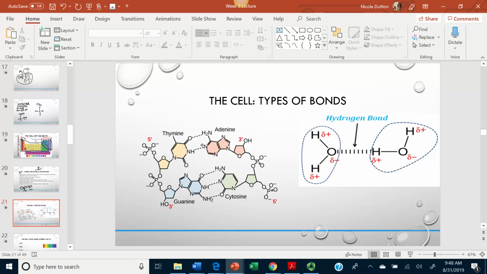Two hydrogen bonds can form between T and A, while three hydrogen bonds can form between G and C. Again, I'm not going to have you draw out hydrogen bonds, but you do need to know the definition. A hydrogen bond is a weak bond that forms between hydrogen and an electronegative atom, such as oxygen or nitrogen.